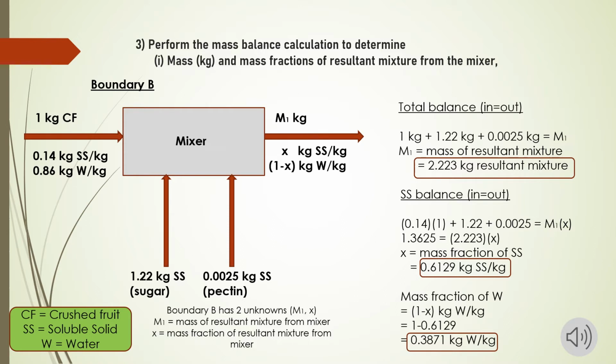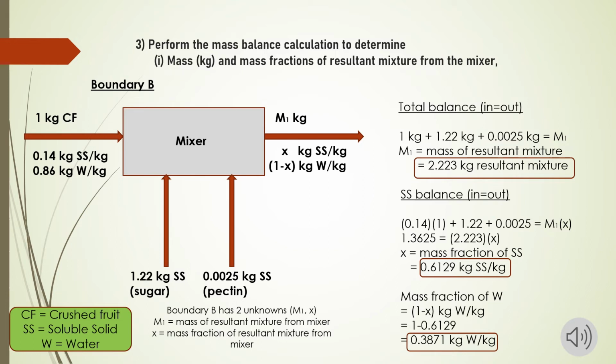So the first input, the mass fraction of soluble solid is 0.14 times the total mass of crushed fruit, which is 1, plus 1.22 kg of soluble solid in the form of sugar from the second input, plus 0.0025 kg of soluble solid in the form of pectin from the third input is equal to the mass of the resultant mixture M1 times X, which is the unknown for the mass fraction of soluble solid in the output. Therefore, after calculation, we will obtain the value of X to be equal to 0.6129 kg soluble solid per kg.